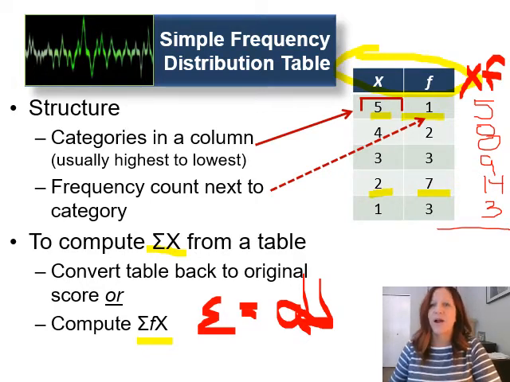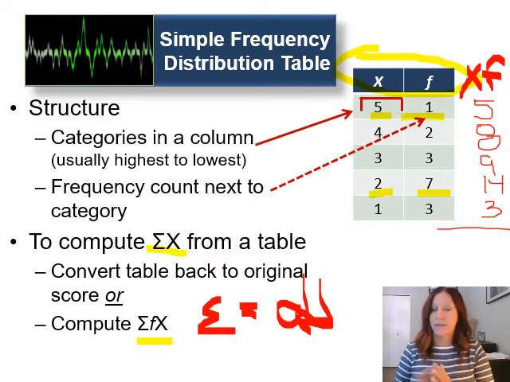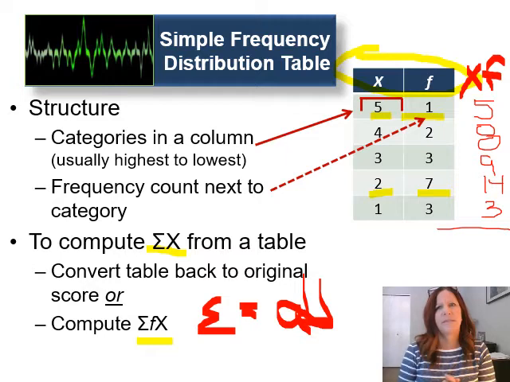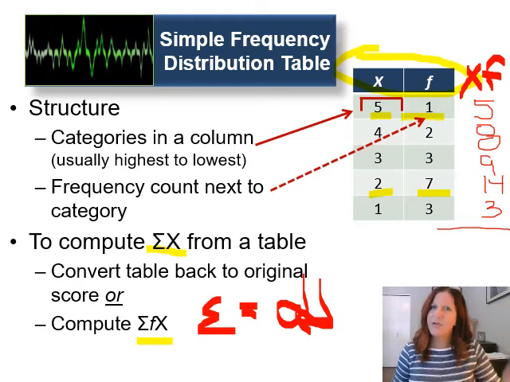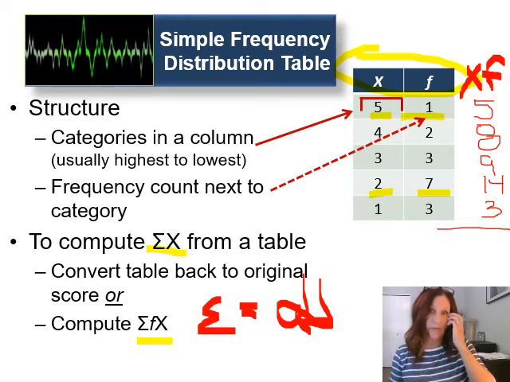So if you'll notice in your order of operations active engagement activity, you'll see there's an X column and F column. Then there's a Y column and an F column. That's just a way to distinguish, okay, here you have scores from this data set, and here you have scores from another data set.